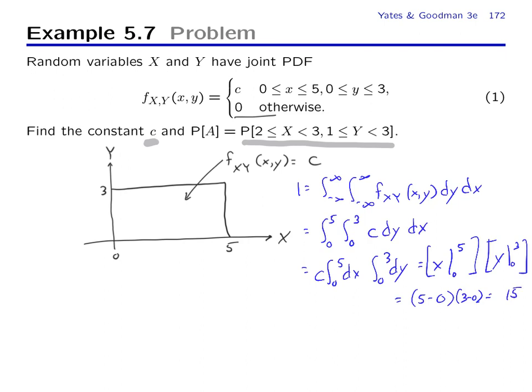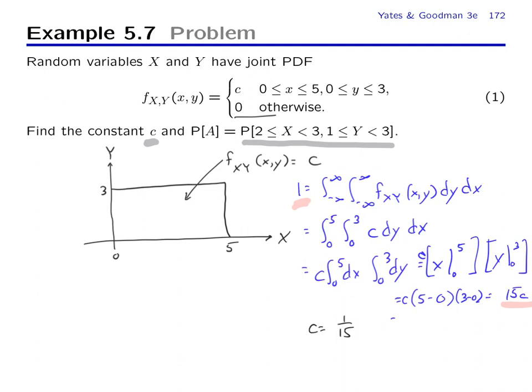The answer is 15, but I forgot to write the constant c in front. So the answer is 15c. And 15c we know has to be equal to 1. And this implies that c is equal to 1 over 15.